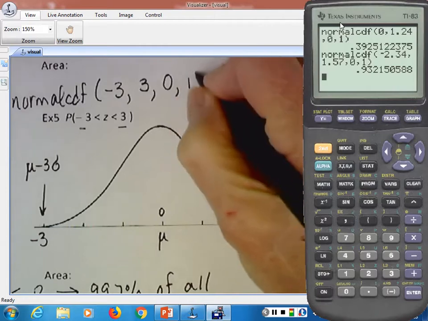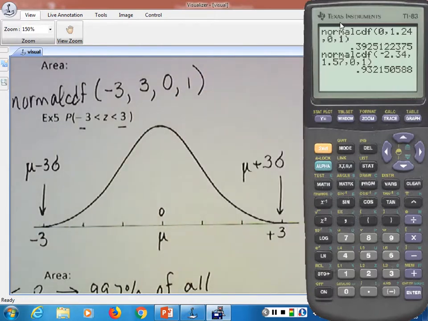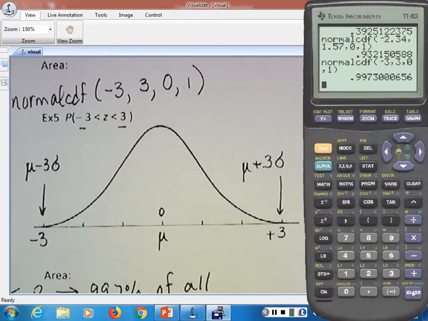The standard deviation is 1. And again, that's because this is a Z curve, a standard normal curve. And it comes back and tells us that it's 0.9973.